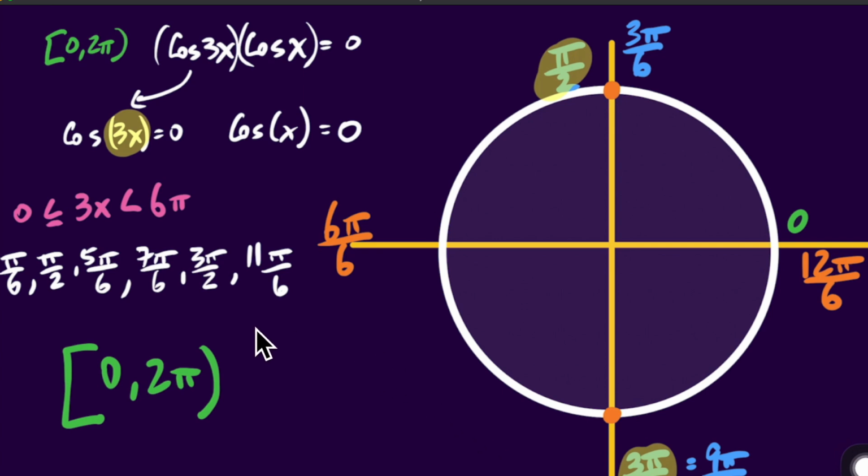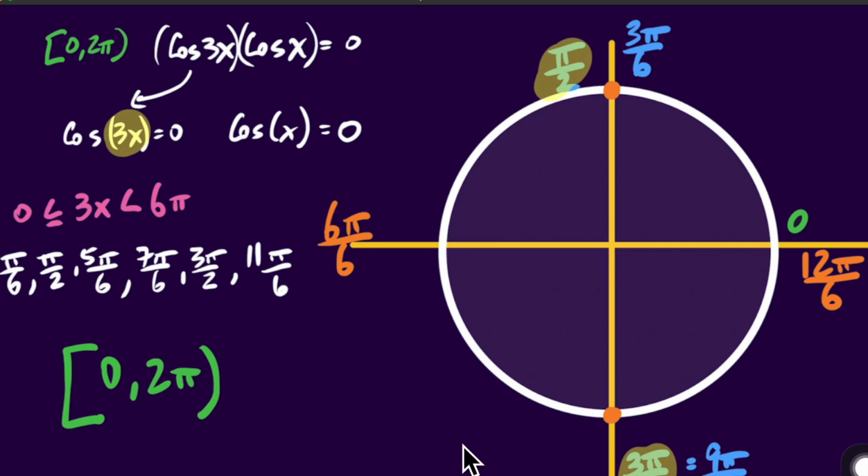So basically, we went ahead and we first set 3x equal to pi over 2, and we got x equals pi over 6. Then we set 3x equal to 3 pi over 2, and we ended up with 3 pi over 6, and we reduced that to pi over 2, so that became a repeater.